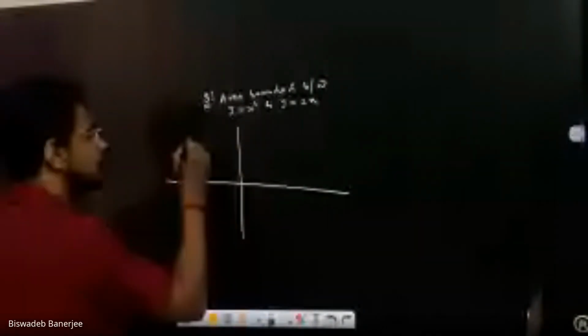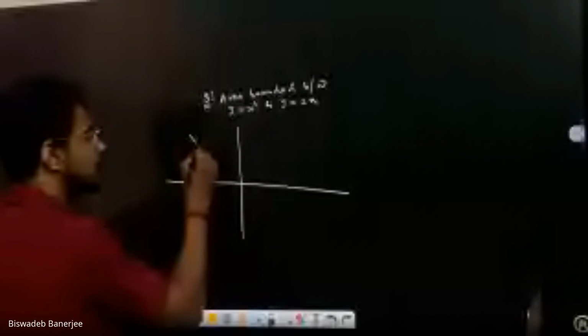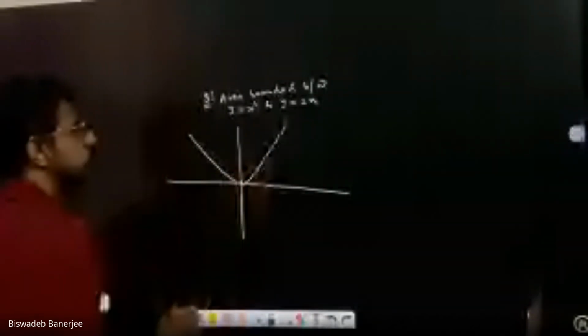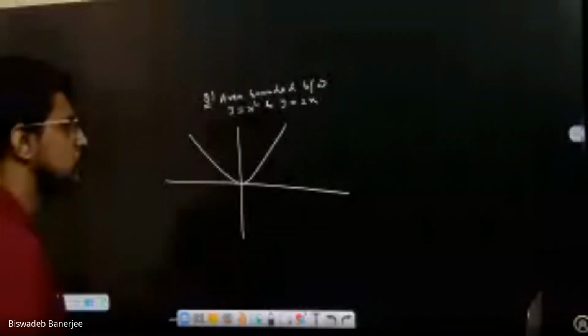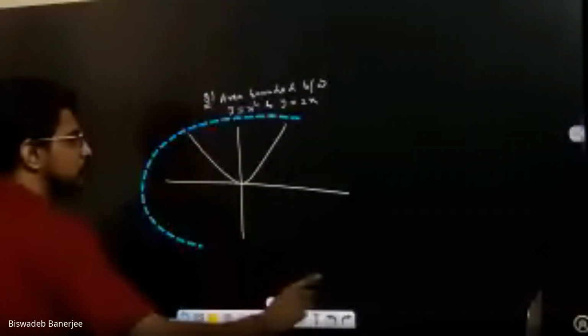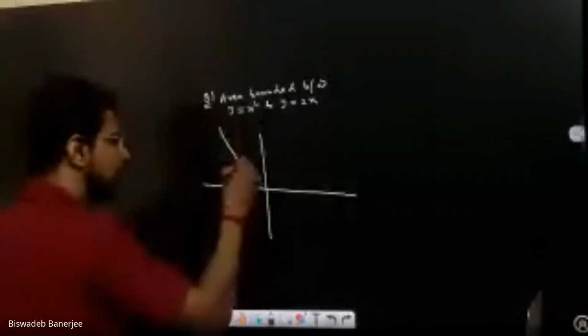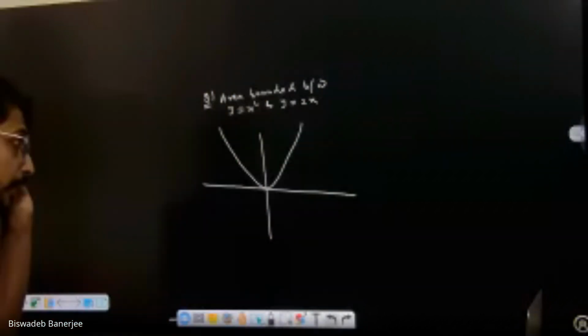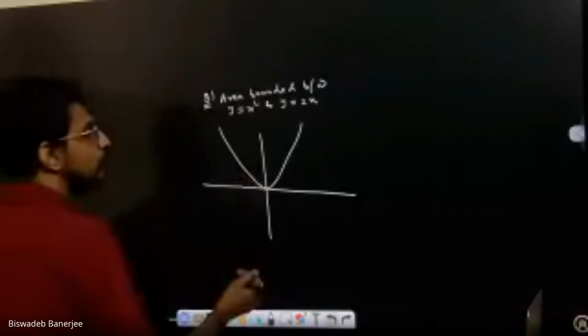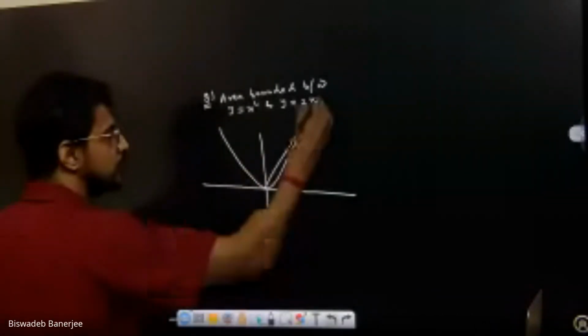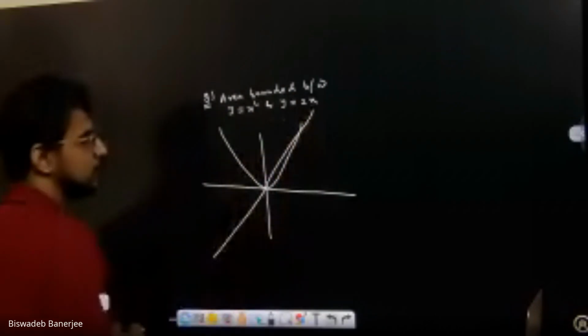How to find the area bounded between them? At first, you need to draw the graph of y equal to x square. That is the graph of y equal to x square, a parabola. This parabola looks like this. And y equal to 2x is basically a straight line passing through the origin like this.